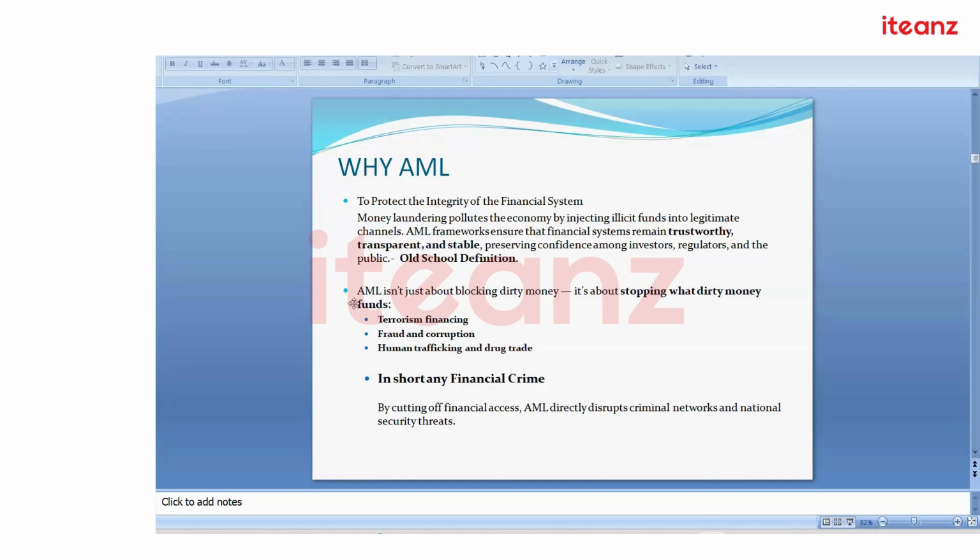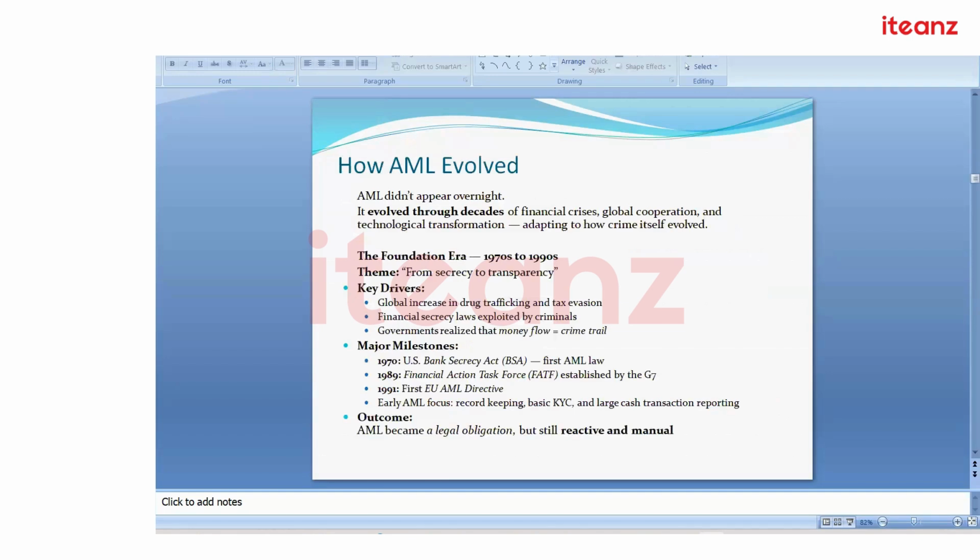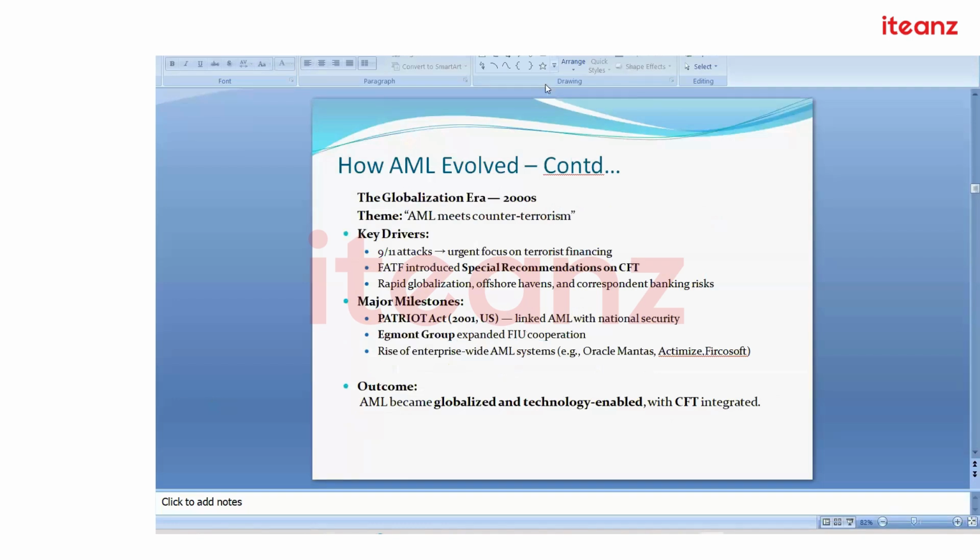Understood, right? Now, how AML evolved, we discussed all that. I'm not going into this again. The US Bank Secrecy Act came, and then FATF things came. All those things, there is a history.